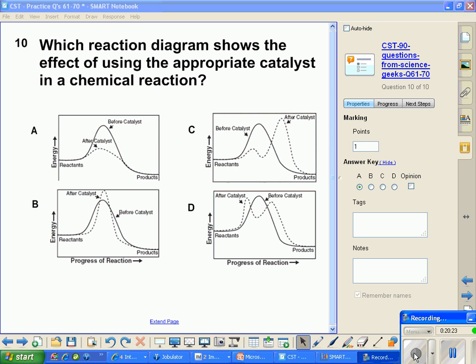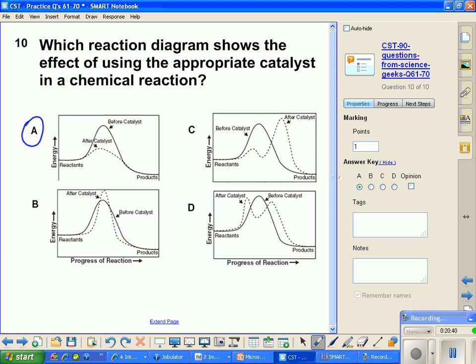As I mentioned in number 9, number 10 is essentially asking the same thing. Which reaction diagram shows the effect of using the appropriate catalyst in a chemical reaction? And what's happening here, letter A, of course, is the correct answer. After the catalyst, the energy spike needed to make that reaction go is much lower.